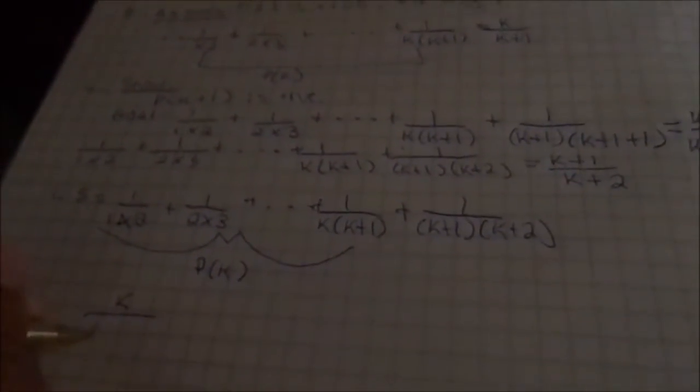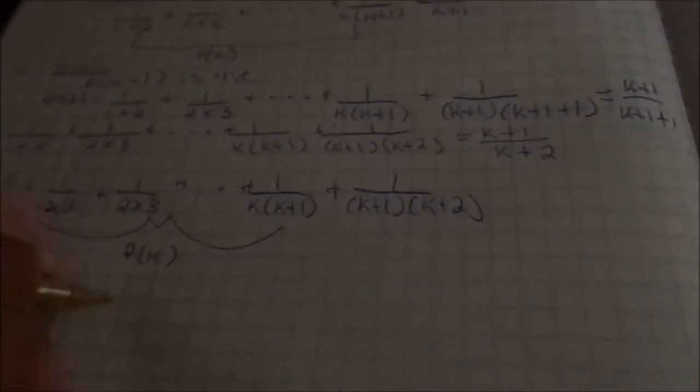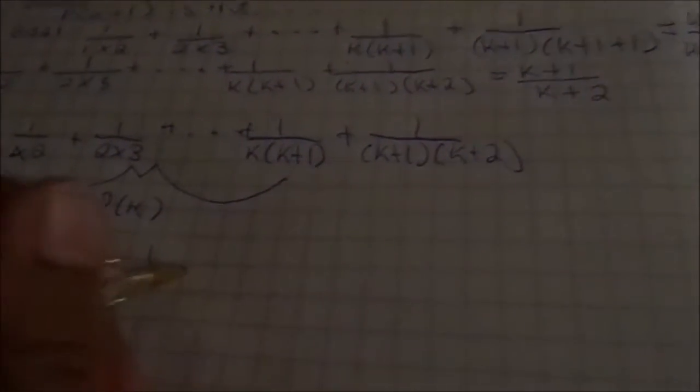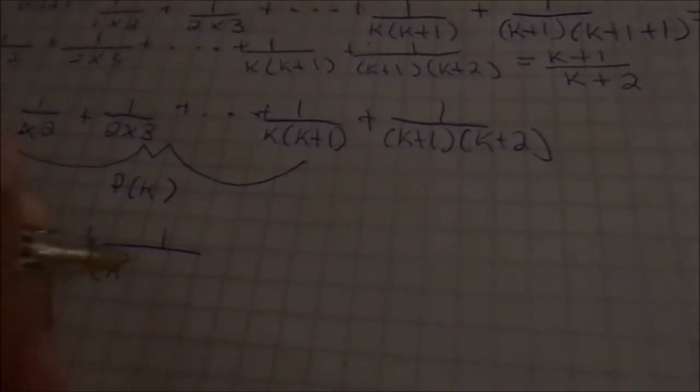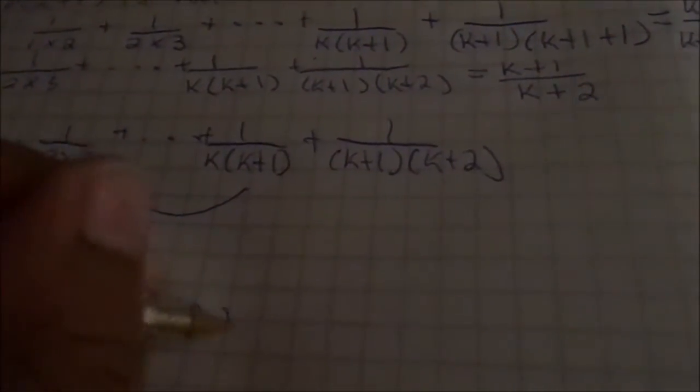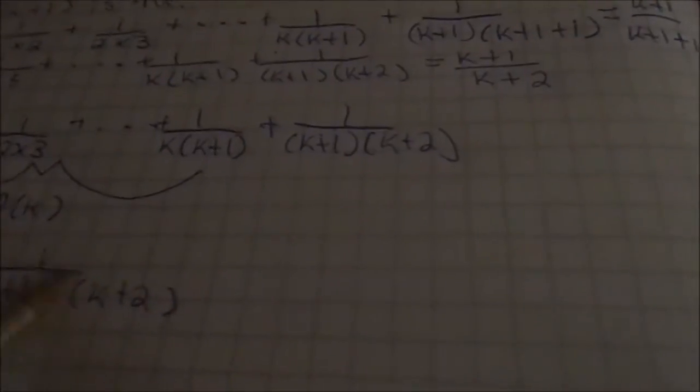So now I'm going to write K over K plus 1 plus that, which isn't part of the PK, plus 1 over K plus 1 times K plus 2. This has to somehow, after simplifying and distributing and all that stuff, become K plus 1 over K plus 2.